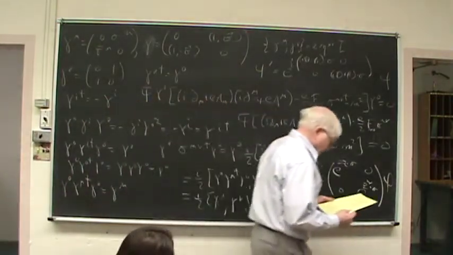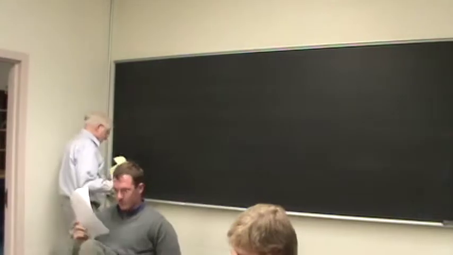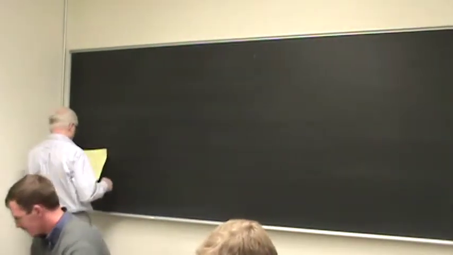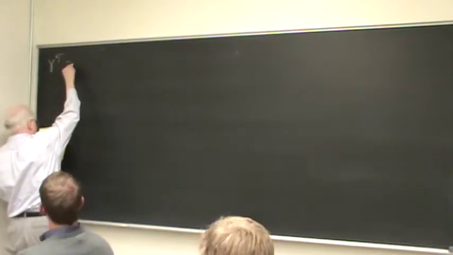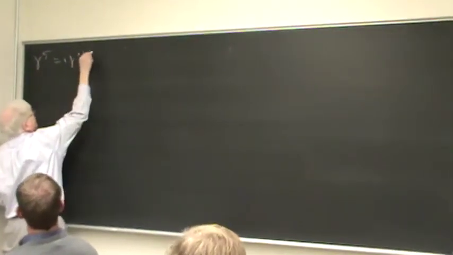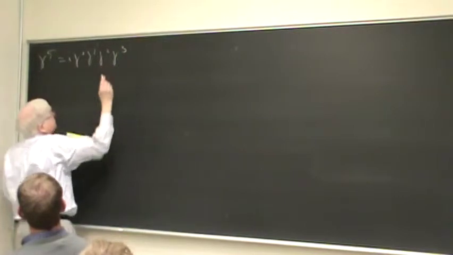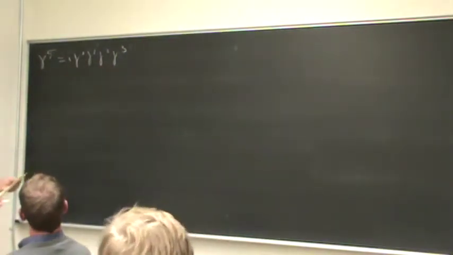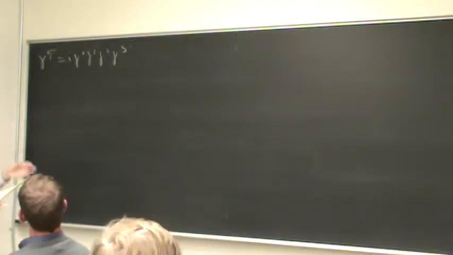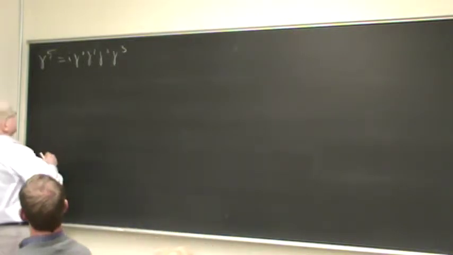Okay, now, something about gamma 5. Gamma 5, by definition, is I, gamma 0, gamma 1, gamma 2, gamma 3. So it's the product of all 4 gamma matrices. And it satisfies a very nice relation.